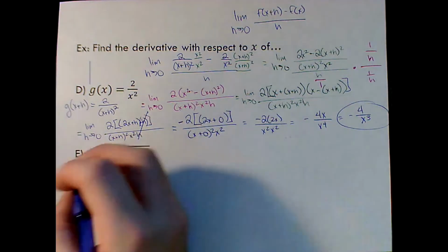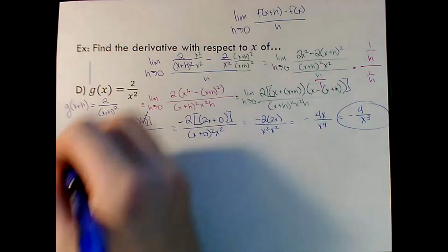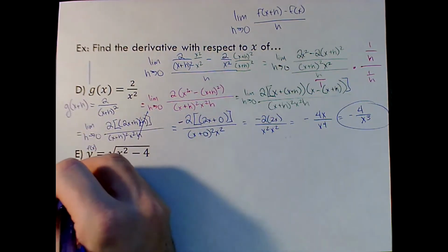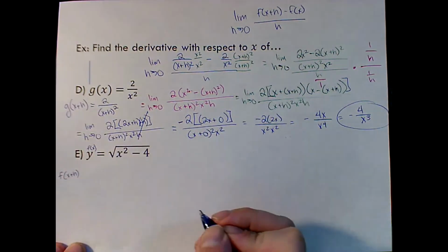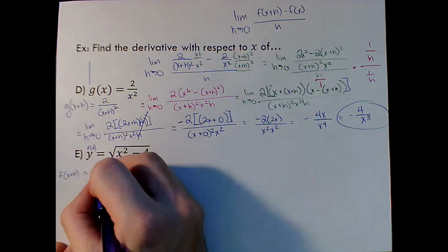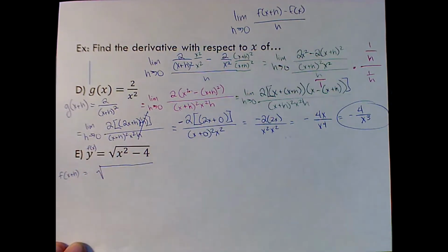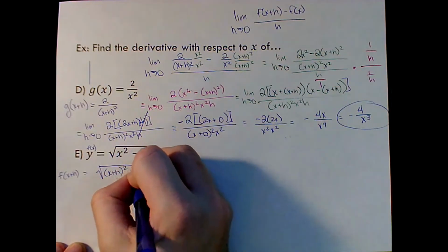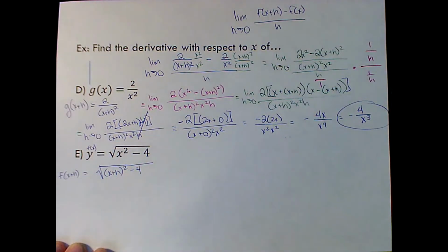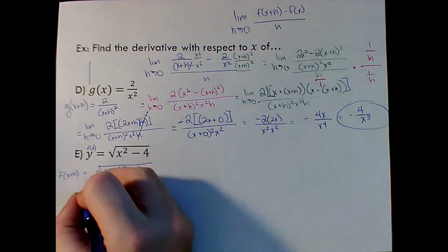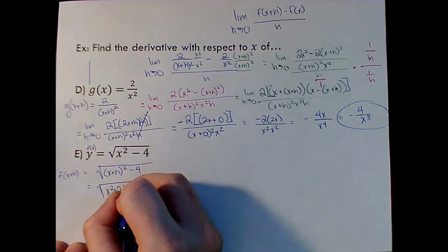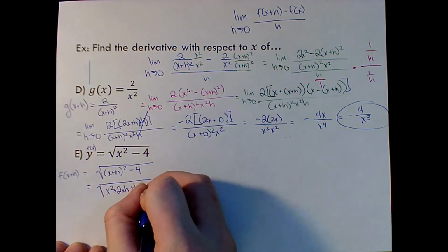We will see. I'm just going to call these f of x. F of x plus h is going to equal the square root of x plus h squared minus 4, which is the same as the square root of x squared plus 2xh plus h squared minus 4.